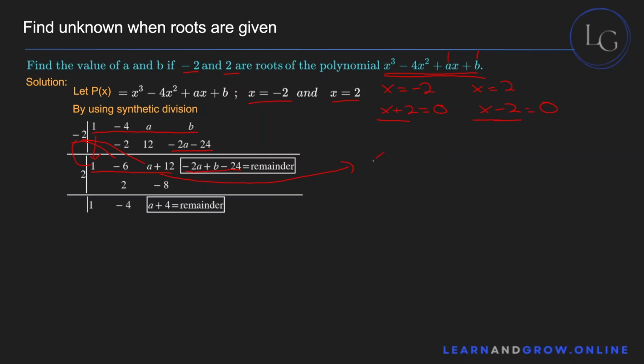So this basically gives you x plus 2, and over here you'll be writing down the quadratic expression, where 1 is the coefficient of x squared, so x squared, minus 6 is the coefficient of x, so minus 6x, and this is the constant, a plus 12. So this will become plus a plus 12.